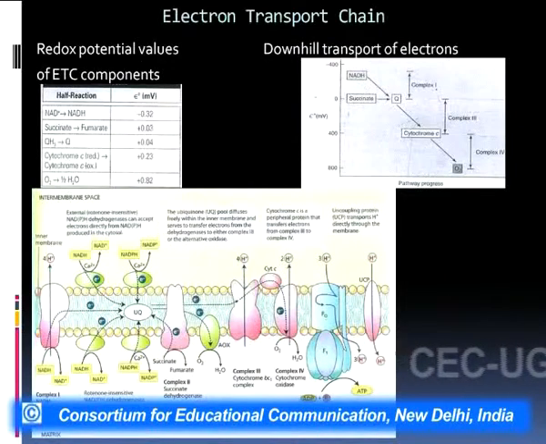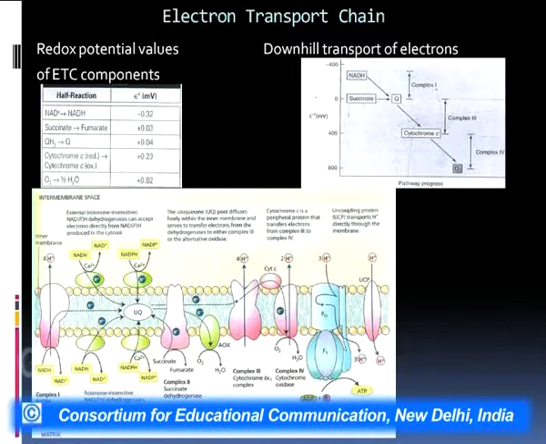The summary therefore is that if you are talking about the redox potential, our journey will begin from minus 0.32 electron volts to plus 0.82, where oxygen is going to be giving rise to water.